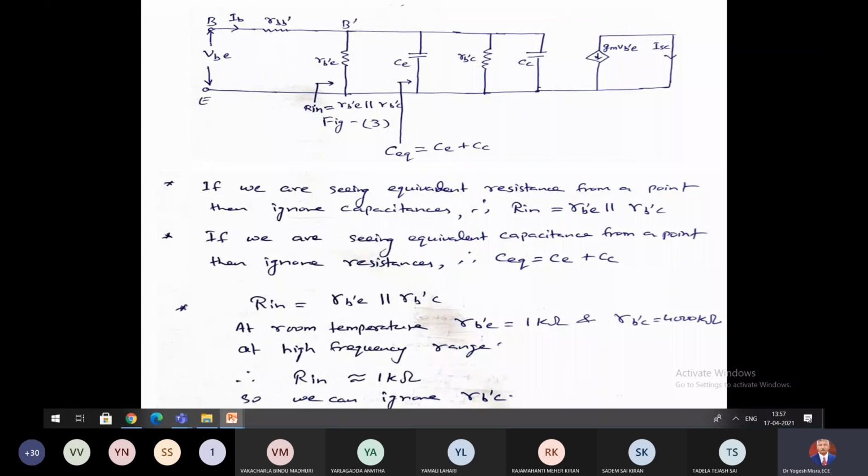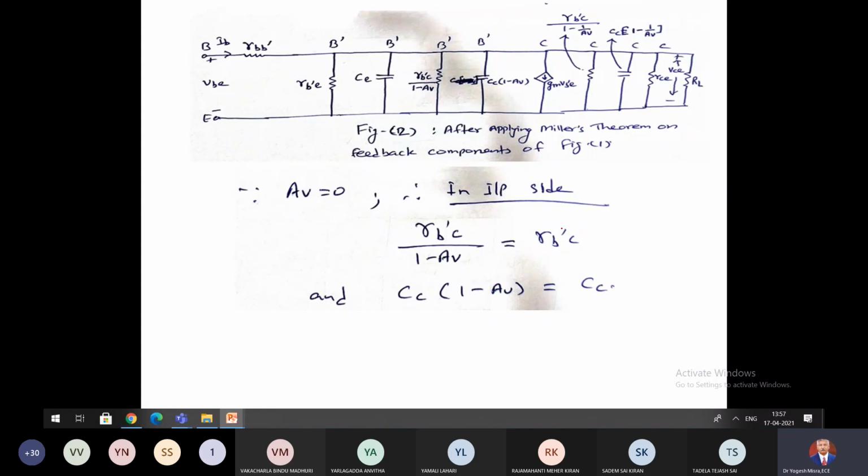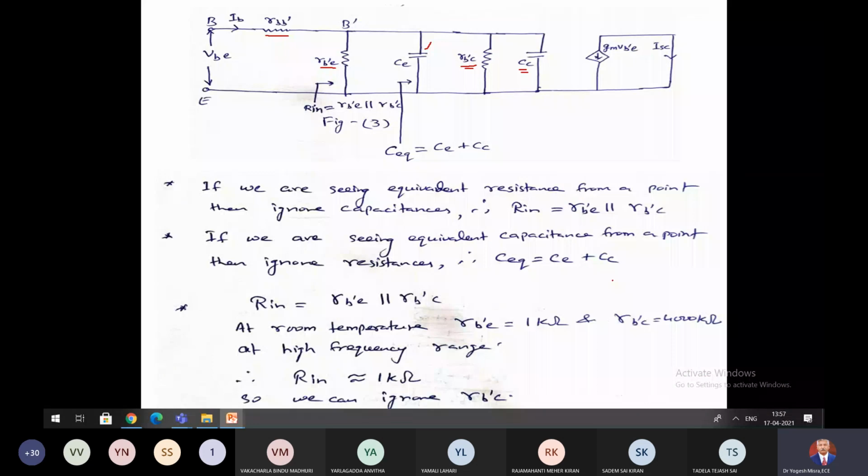Here this is the same resistance, this is the same resistance, this is the same capacitor between B dash and E, and now this is the RB dash C, and this is the CC, because your voltage gain has become 0, right? So in place of this resistance, you will get only RB dash C, and in place of this capacitance, the value will be CC. So that's why it is here RB dash C and CC.